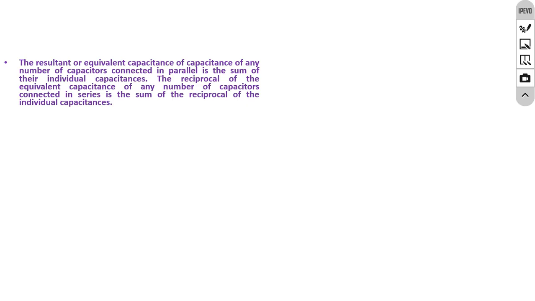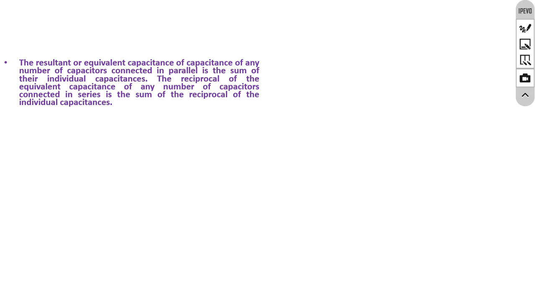The resultant or equivalent capacitance of any number of capacitors connected in parallel is the sum of their individual capacitances.